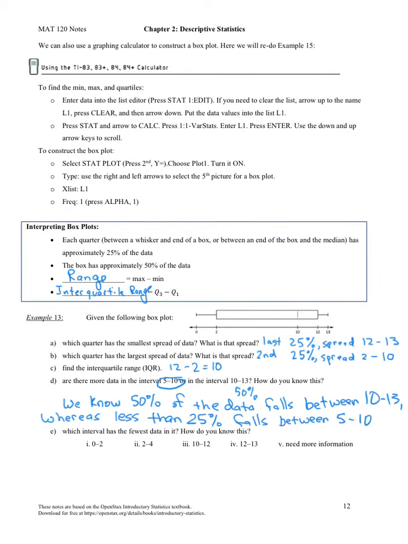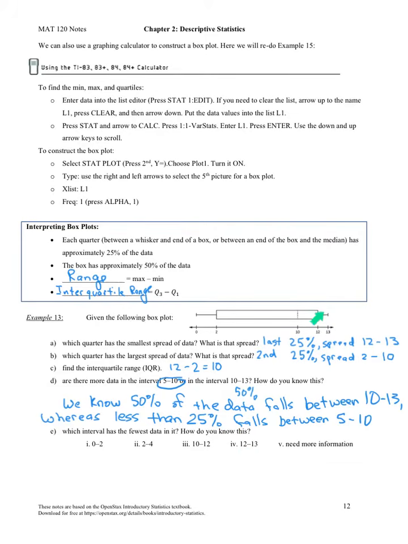And lastly, let's look at letter E. Which interval has the fewest data in it? Let's take a look here at 0 to 2. 0 to 2 has 25% of our data. Let's jump over here from 10 to 12. 10 to 12 has 25% of our data. Let's look over here, 12 to 13.